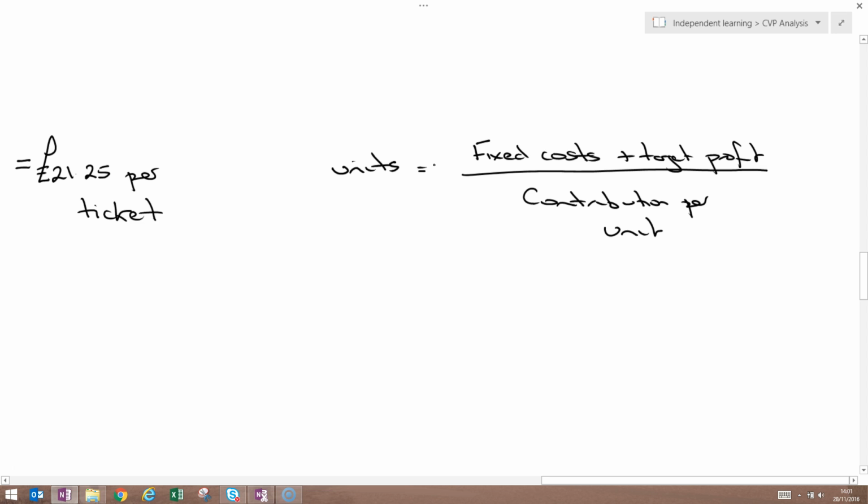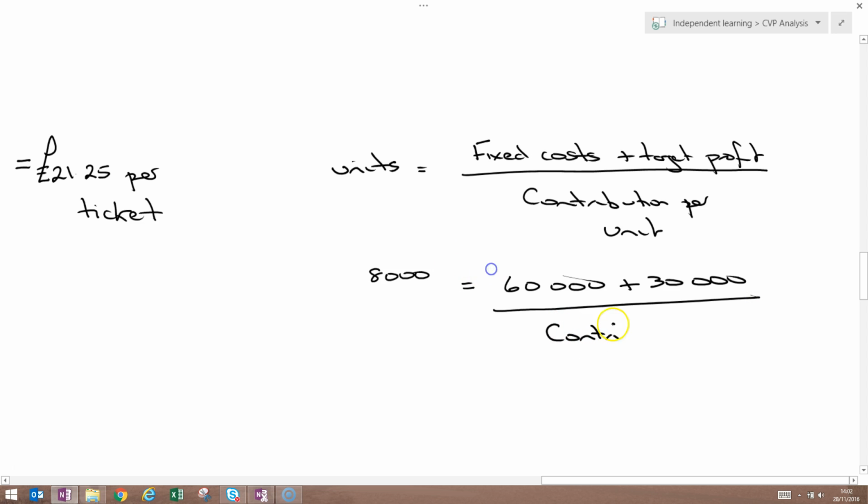So if we put into this what we know, well, we know the fixed costs are £60,000. We know the target profit is £30,000. We know that we need to sell 8,000 units. What we don't know is the contribution per unit. It's no longer £10 because the selling price is no longer going to be £20.